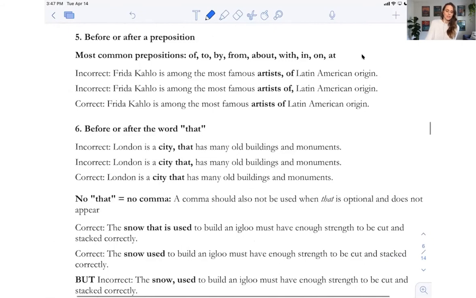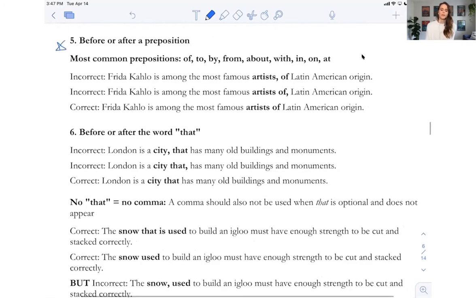So this, I think, is an SAT favorite: commas before or after a preposition. I think of prepositions as sticky, meaning they don't want to share their space with any other punctuation.